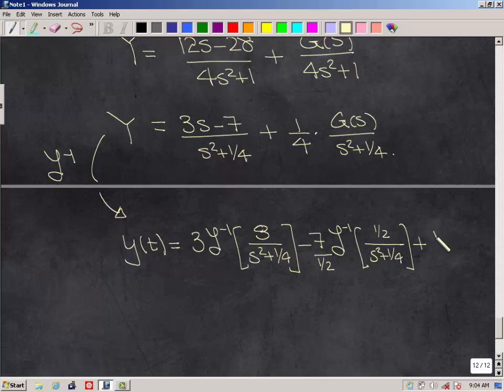I have 1/4 in the front, and then we have g of s. Okay, I don't have room. Times, I'm gonna move this. Just give me a second.